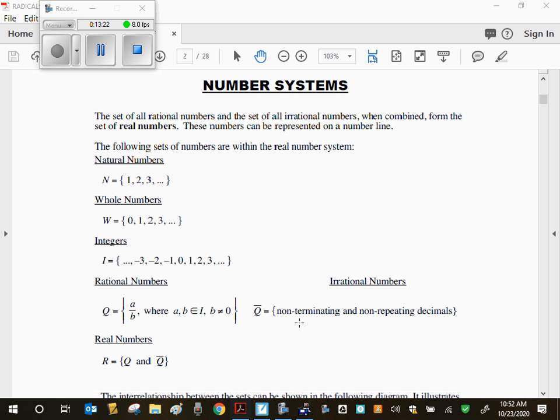Another quick little concept. Number systems. This is our smallest number system. Natural numbers start with 1, 2, 3, and go up. The next number system is whole numbers, and I remember it starts with a 0, and whole numbers have an O in it.